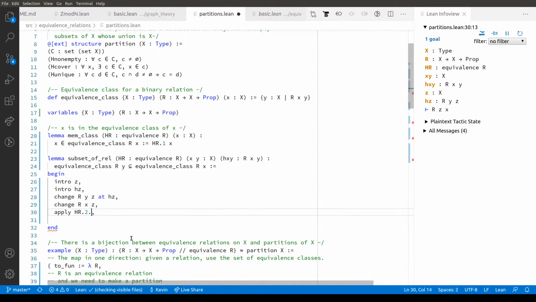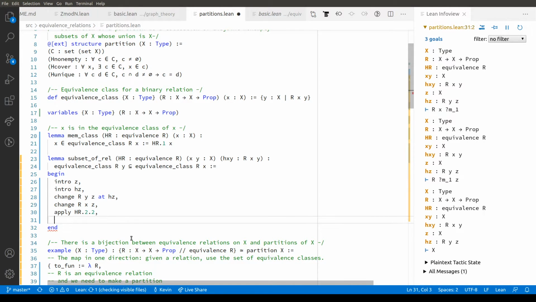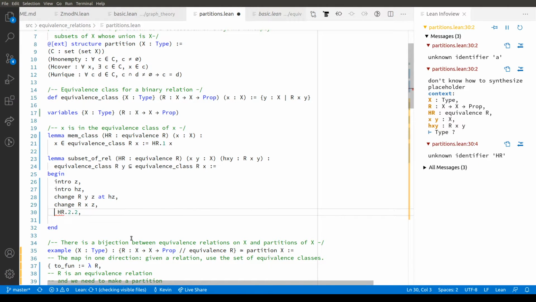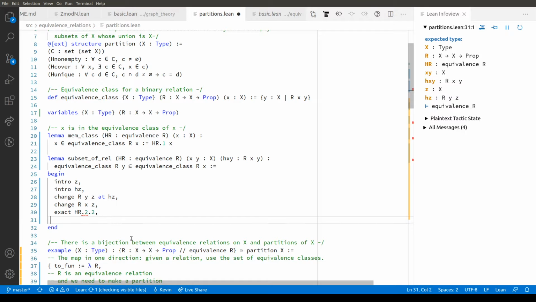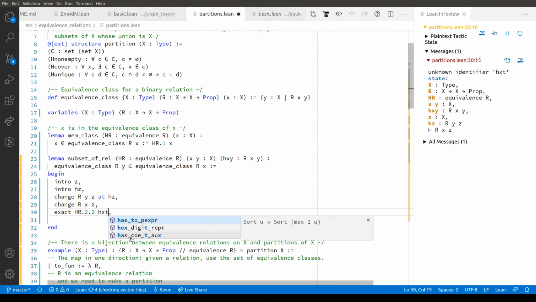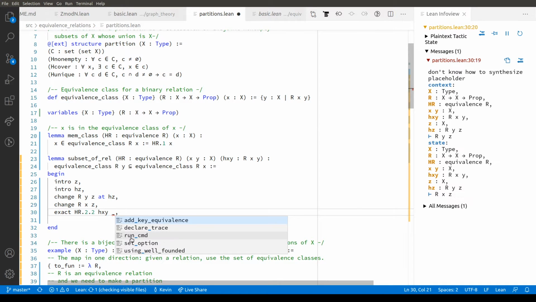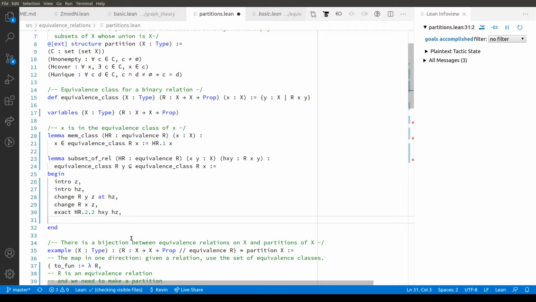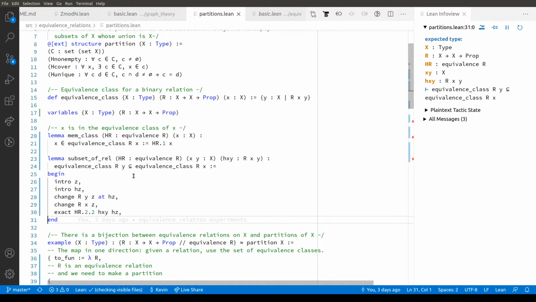So I've applied the wrong thing. So hR.2.2, that's the proof that it's transitive. In fact, why don't I just use exact, we can do this, right? This is exactly the assertion that it's transitive applied to hxy and something. And that something is hz. There we go.